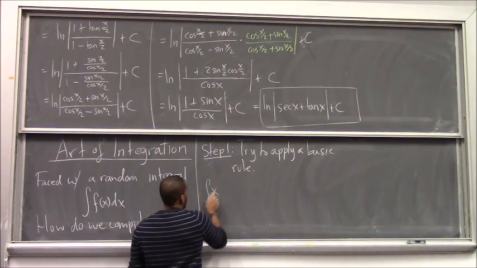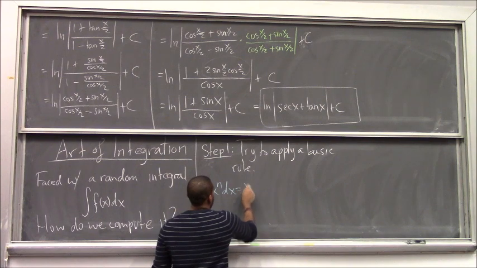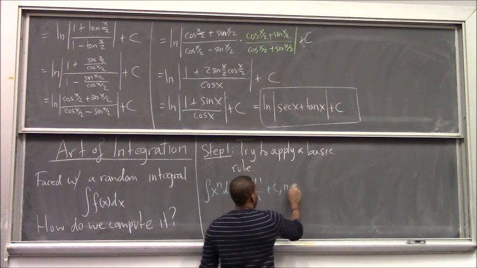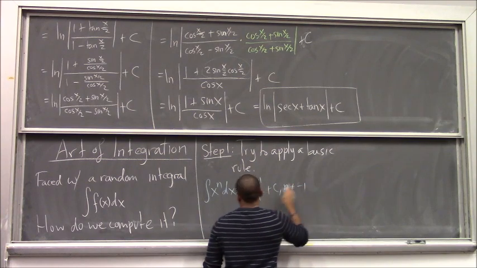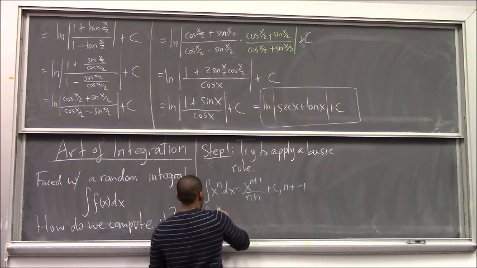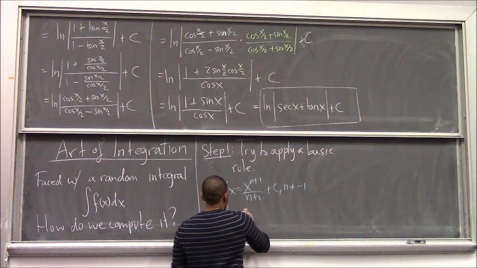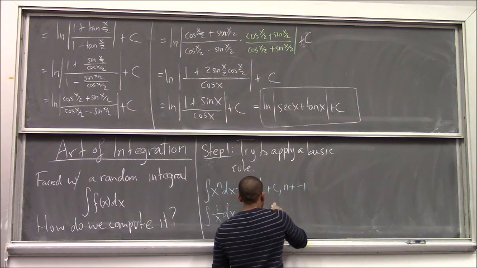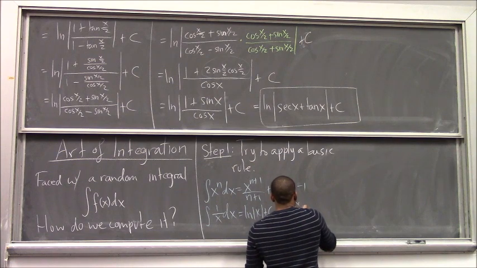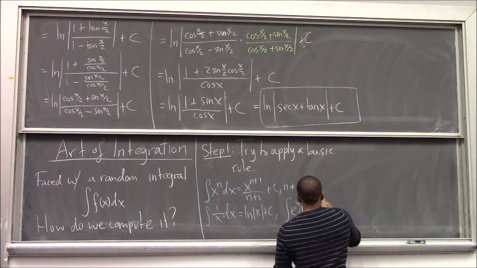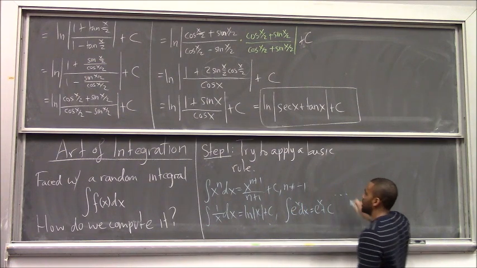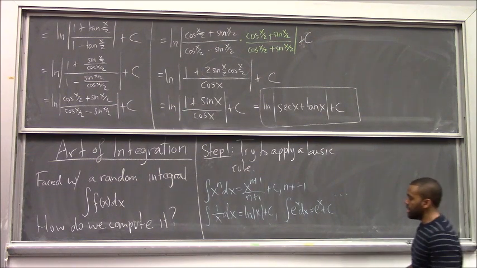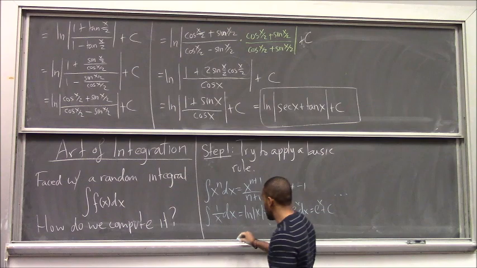So things like, the integral of 1 over x is ln of absolute value of x, or the integral of e to the x is e to the x plus c, etc. Right? So there are these basic formulas and templates and rules that you know that you always try to apply first.